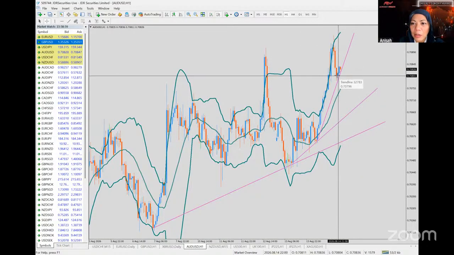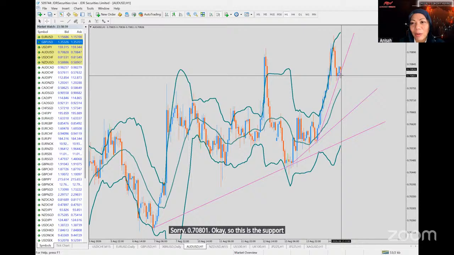Currently it is testing a previous support here, 0.70801. So this is the support, and we're testing it at the moment.